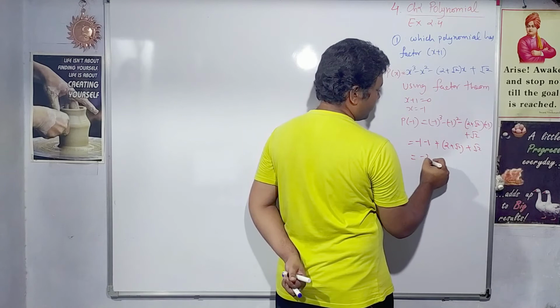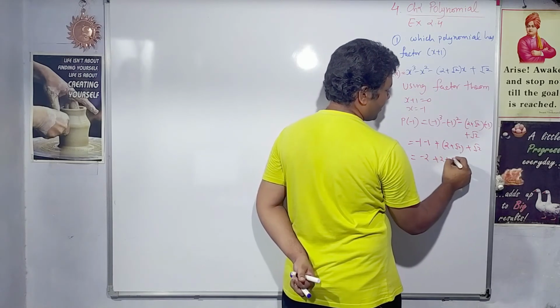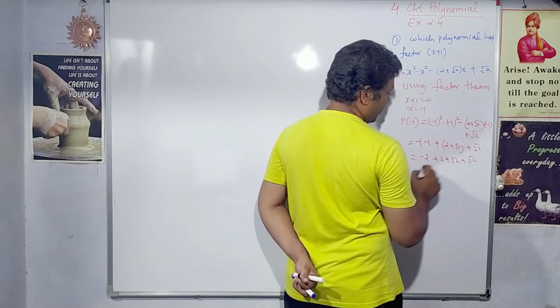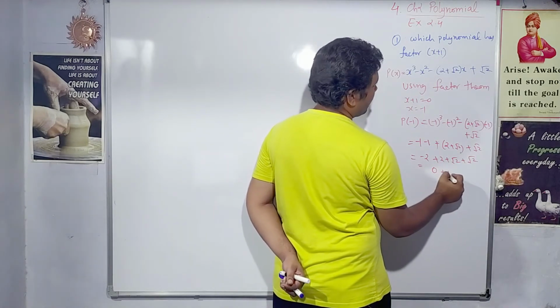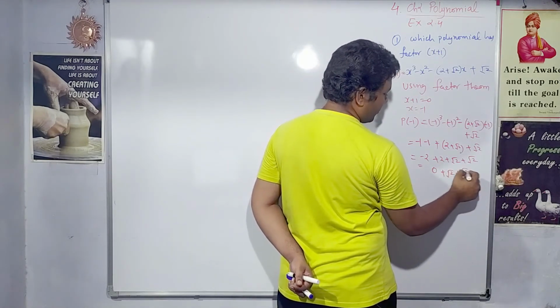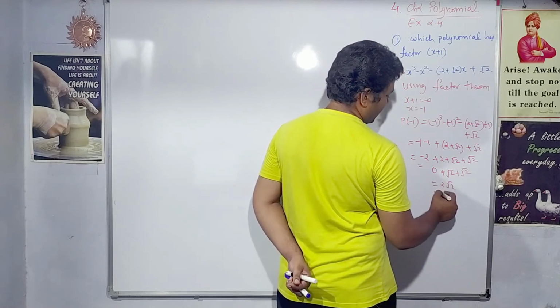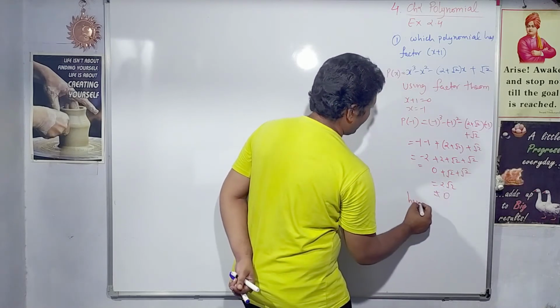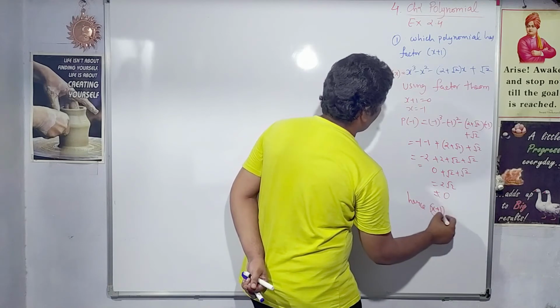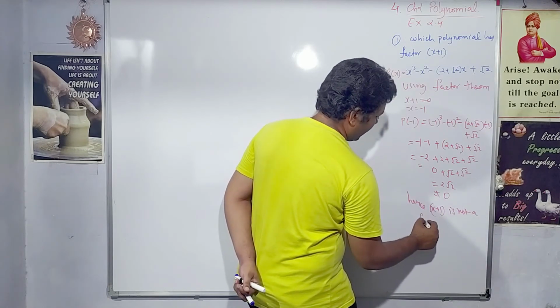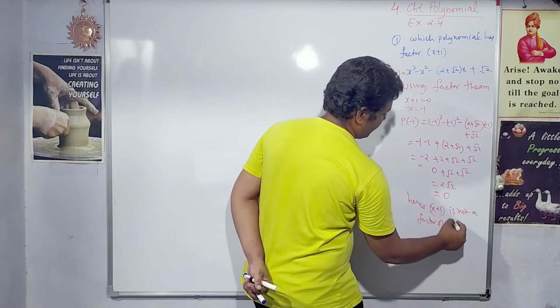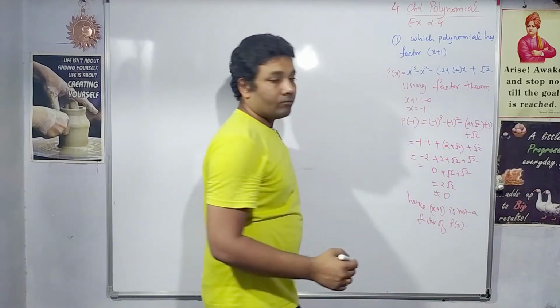So minus 2, open the brackets, plus root 2. So this is 0 plus root 2 and plus root 2, so that is 2 root 2, not equal to 0. Hence x plus 1 is not a factor of p of x.